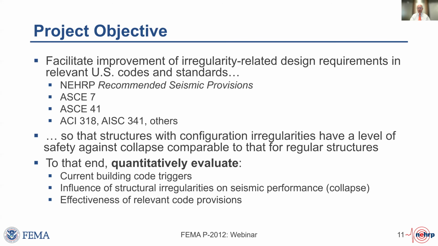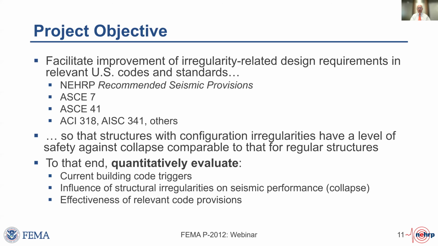ASCE 41 addresses existing buildings. And some of our material standards like ACI 318 and AISC 341 address aspects of configuration that are specific to their material of interest. So the notion is that configuration is important to all of us. The way that it's dealt with is across this family of products.